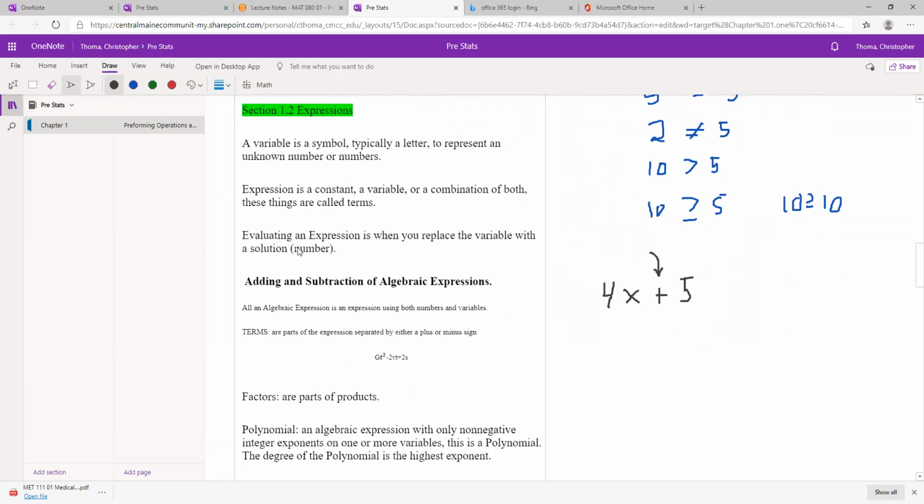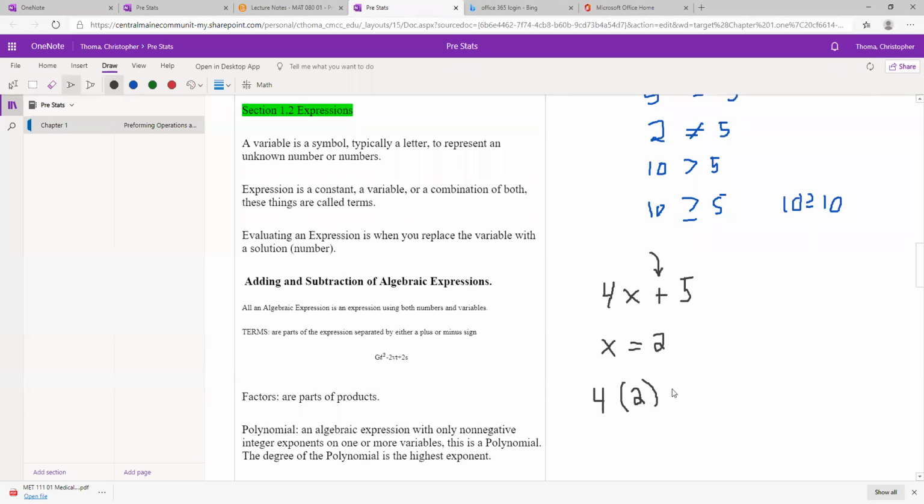Even though we're not solving it, we can evaluate an expression if someone tells us what the variable is, right? We'll get to that in a minute. We can do one, I guess. What if I say x equals 2? Then all I need to do is put 2 where x is. So this becomes 4, and I always put parentheses to represent times because I don't want to use x anymore.